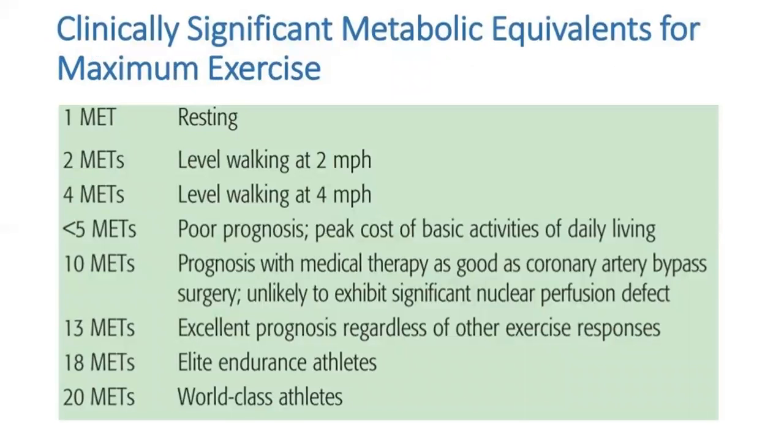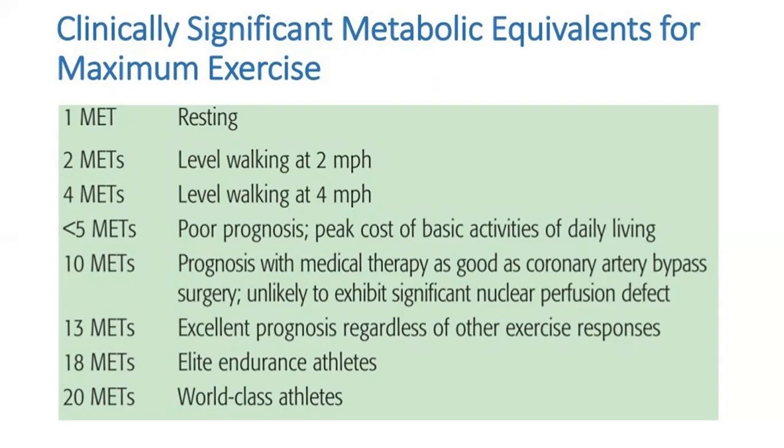Clinically significant metabolic equivalents for maximum exercise. Here you can have a look. 1 MET is resting, 2 METs is level walking at 2 mph, 4 METs is level walking at 4 mph.